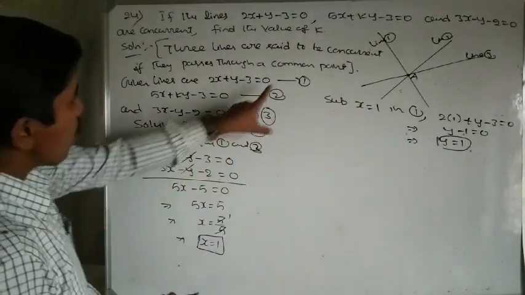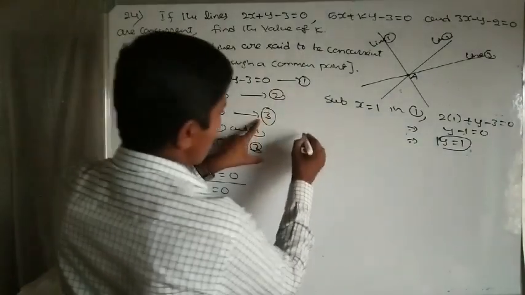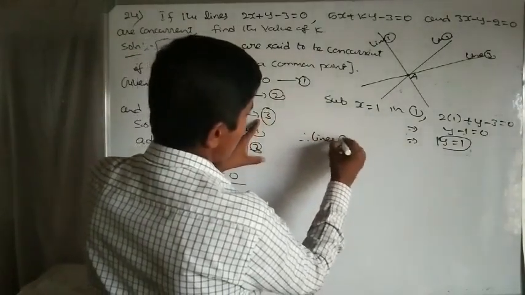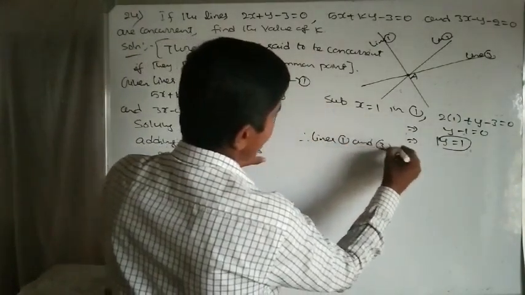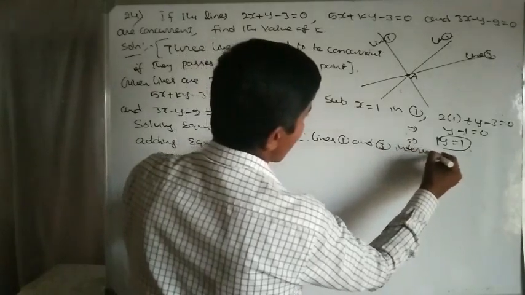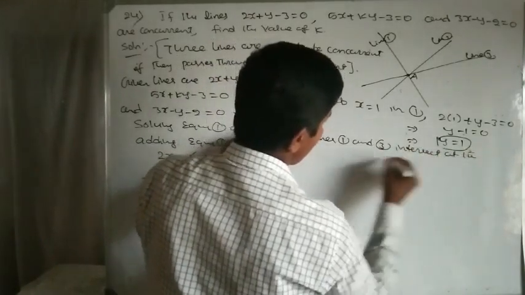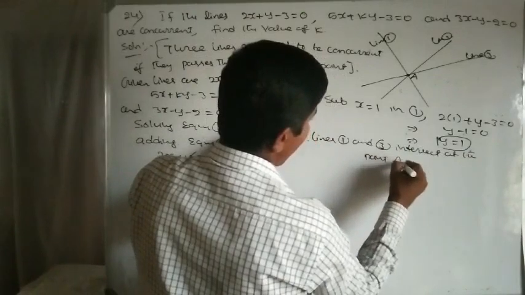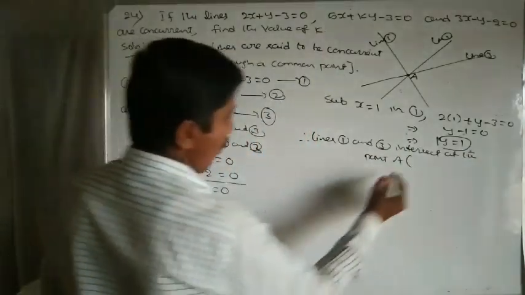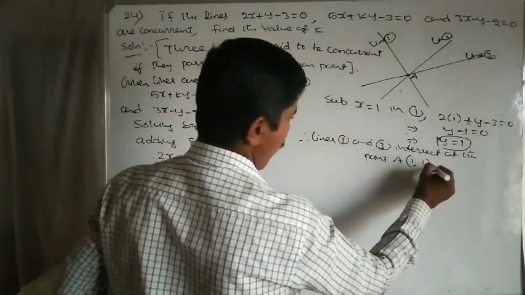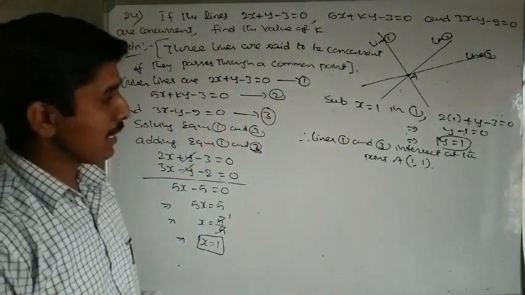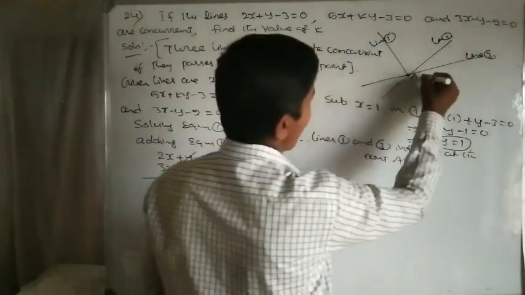Therefore, lines 1 and 3 intersect at the point. Let us take it as A, with x coordinate 1 and y coordinate 1. Point A has coordinates (1, 1).